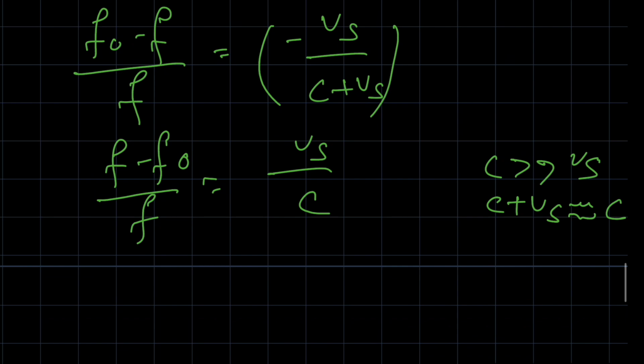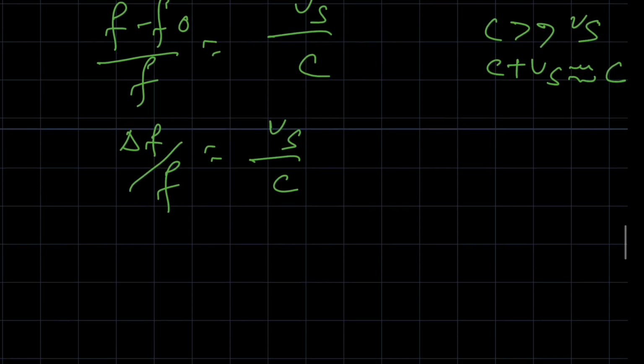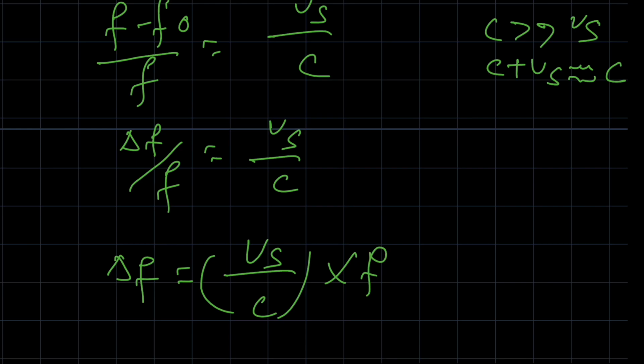So this is the change in frequency. The change in frequency del f equals vs over c times f.